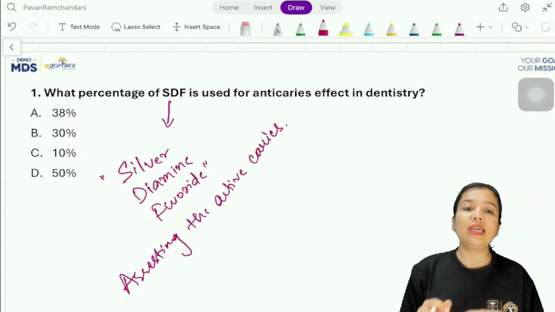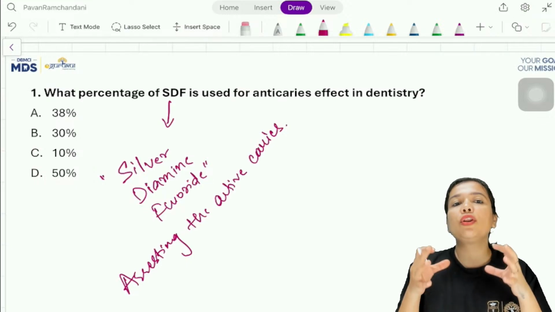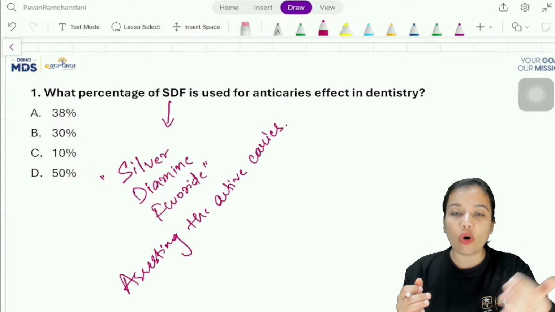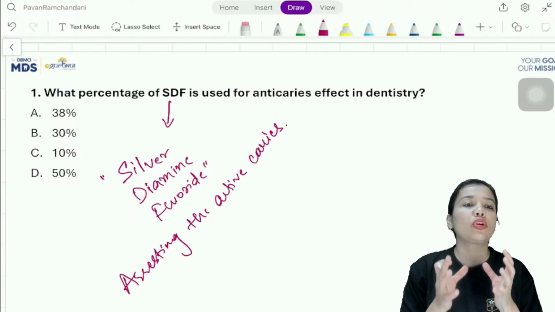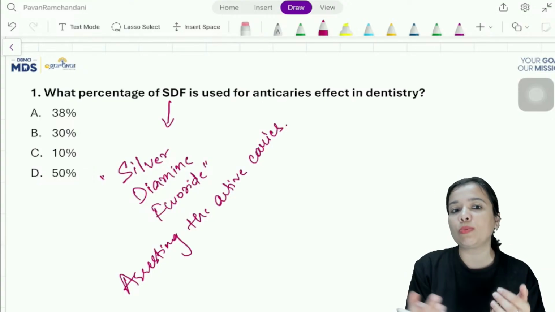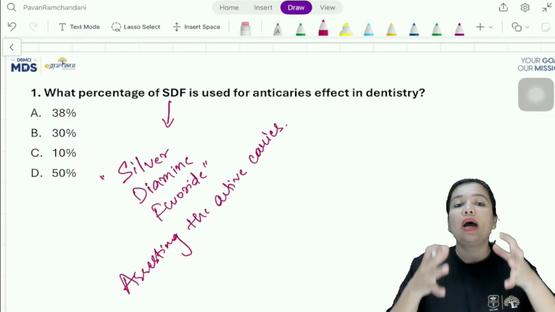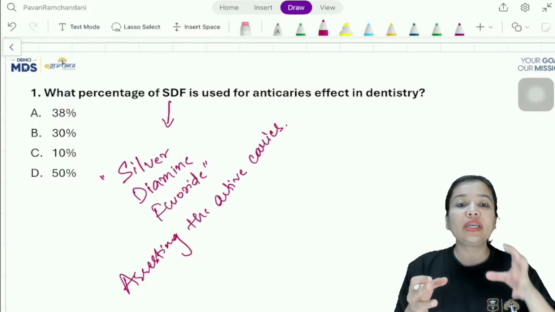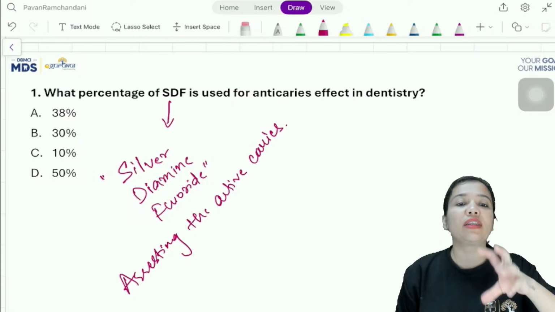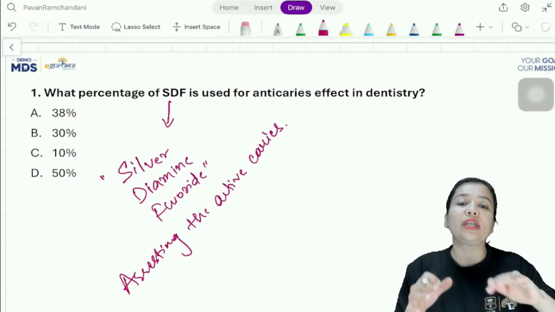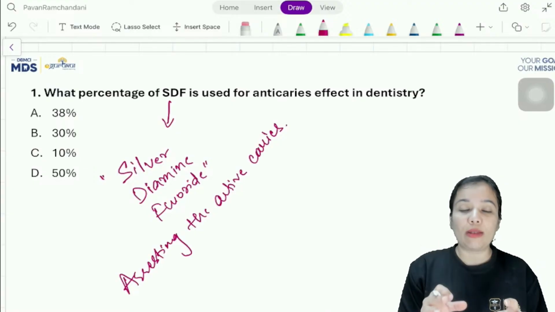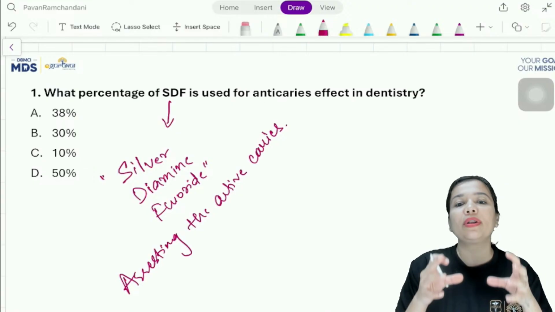So it is arresting the active caries, and hence it is of great importance in children, because children will not always let you remove all the caries. They will not let you use an aerator perfectly. They will not let you use a hand instrument to remove all the caries. So a component that actually arrests some part of the active caries which can be left behind due to the uncooperative patient is actually helpful, and such a compound is SDF.